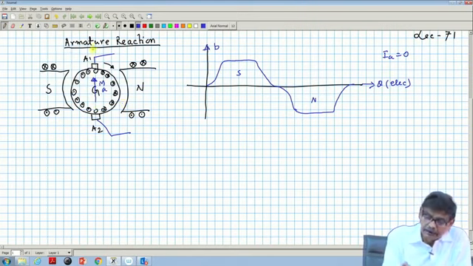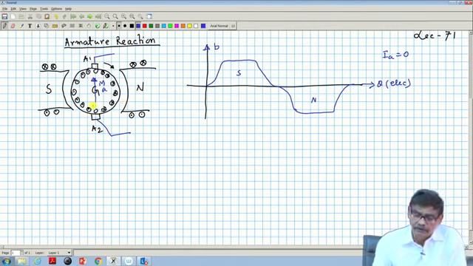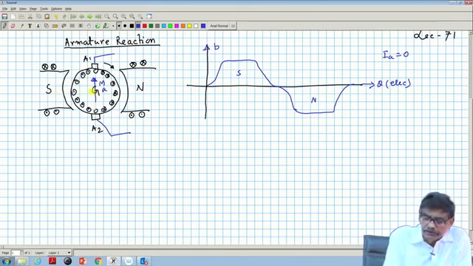And in this armature MMF, there will be no component which will demagnetize these poles. Had there been a component in opposition to the original field, let us call it MF and let us call it MA. MA I have written already.